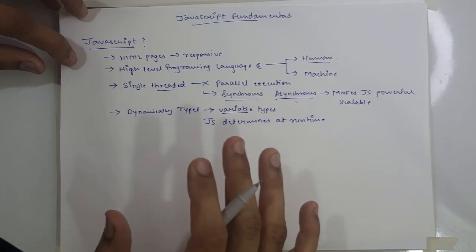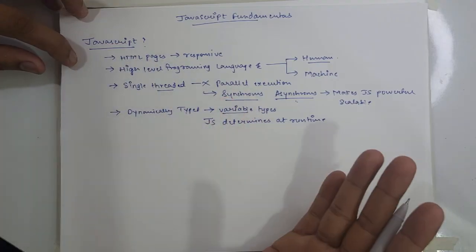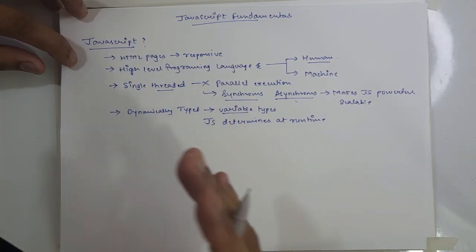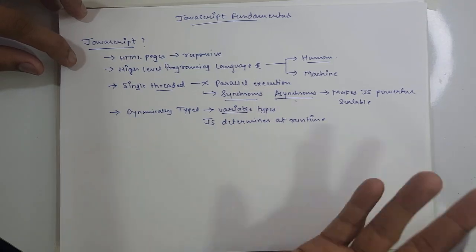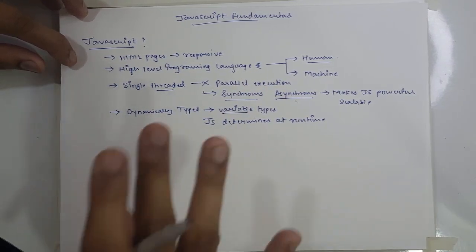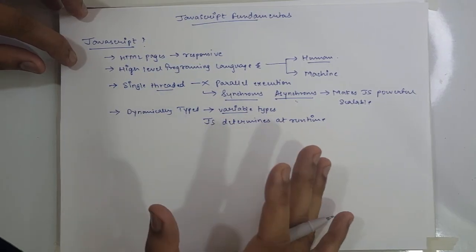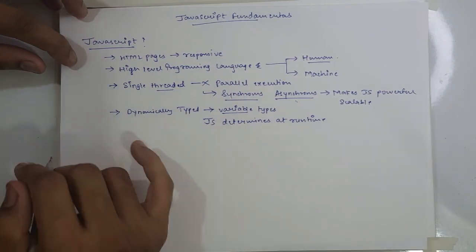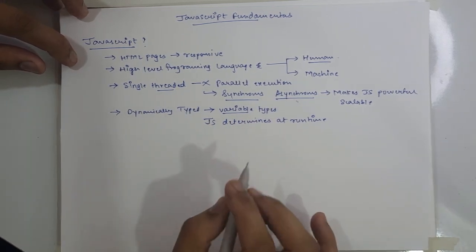If you are coming from a Java background, you might know that Java compiles first, converts the code into bytecode, and that bytecode runs on the native machine, right? JavaScript does not pre-compile things. It interprets things, that is, during the runtime itself.